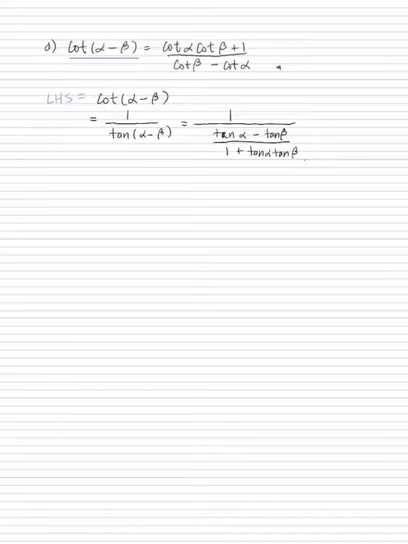Now, which is the same thing as, let me just bring it over here, 1 plus tan alpha tan beta, it's going to go in the numerator. Now whole thing over tan alpha minus tan beta.